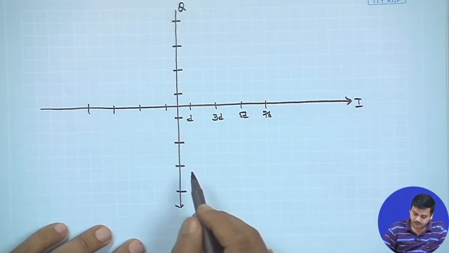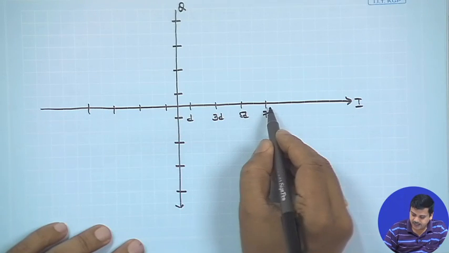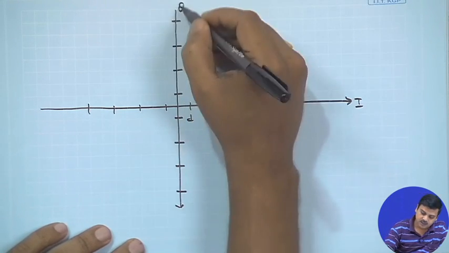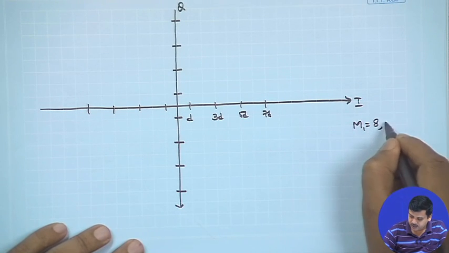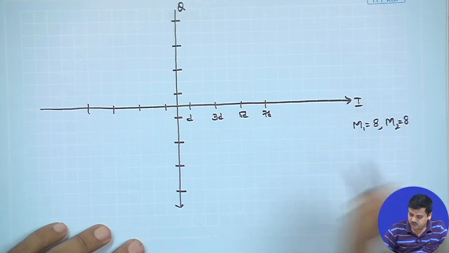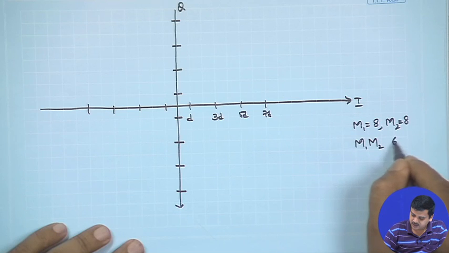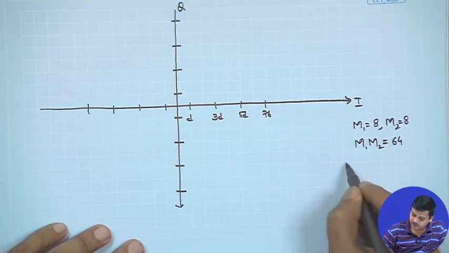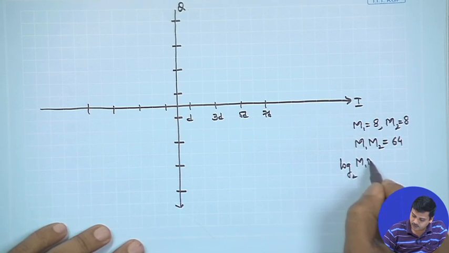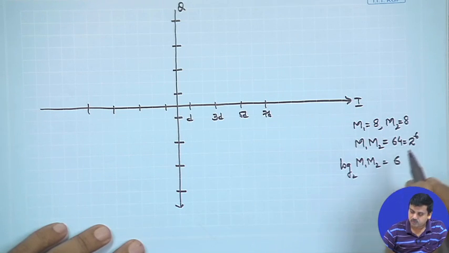So in this way, if we focus on how to go about this, there are 8 levels on the I channel and 8 levels on the Q channel. So you could say M1 is equal to 8, M2 is equal to 8. A product would give M1 M2 as 64, right. That would mean if I have to take the number of bits, log base 2 of M1 M2 would turn out to be 6, because this is 2 to the power of 6.